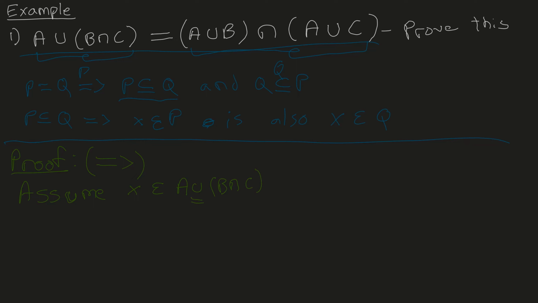Remember, this is a union, so this implies, implies is denoted by the single one-directional arrow, x is in A or x is in B intersection C. This further implies that x is in B, and remember from the previous part, whenever it's intersection it means and. So this implies x is in B and x is in C.